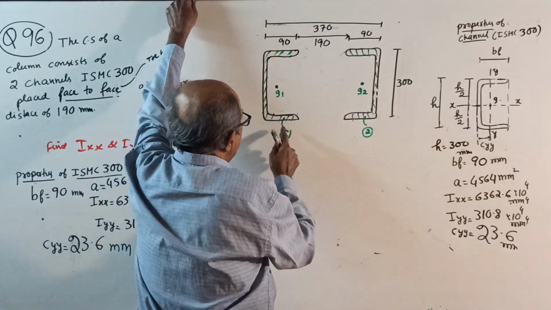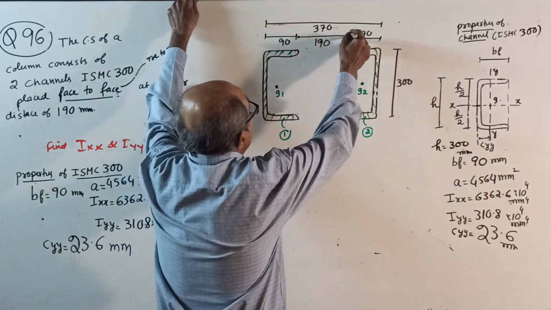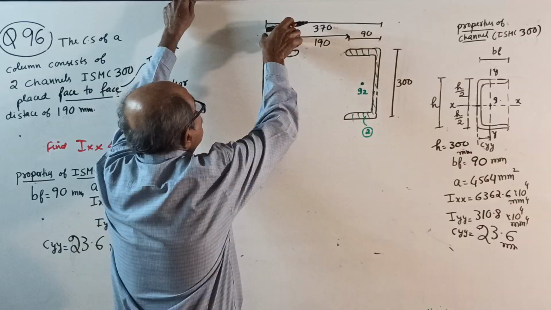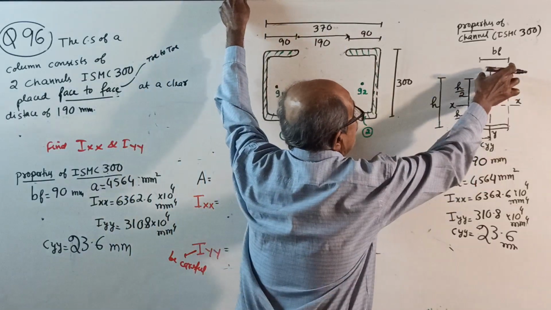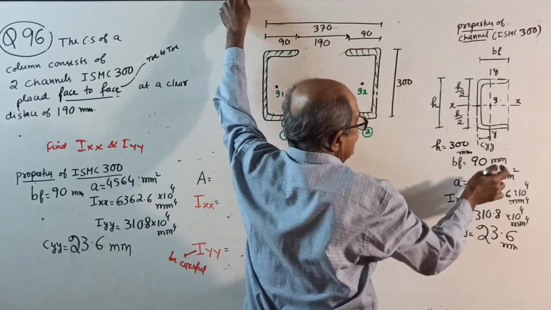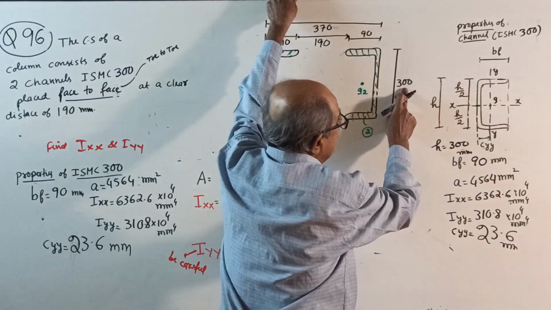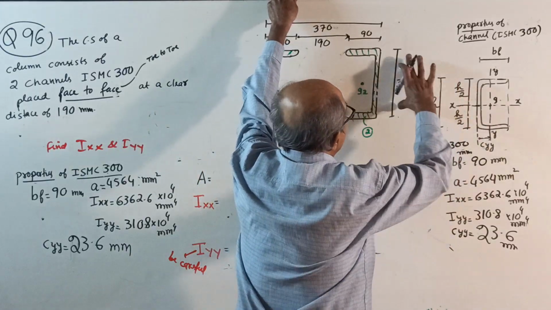I will take this as 1, this as 2. This 190 is the clear distance. The width of flange here is 90 mm, as for ISMC 300. The thickness of flanges is not required. Depth h equal to 300.